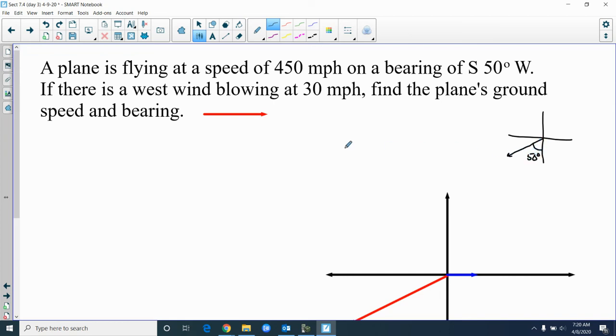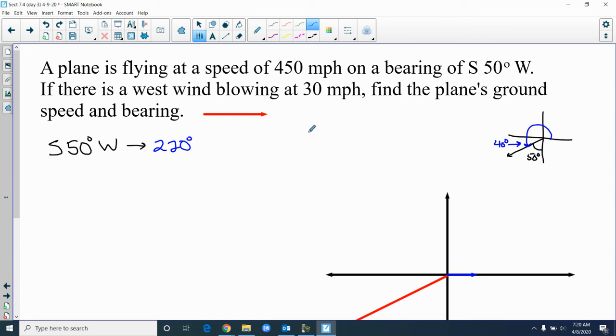What is its direction? For south 50 degrees west, the direction is right here. If that's 50 degrees, that means in here has to be 40, and you take 180 plus 40, which is 220 degrees.